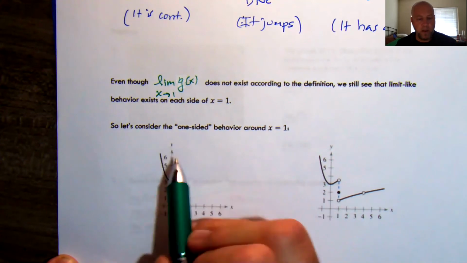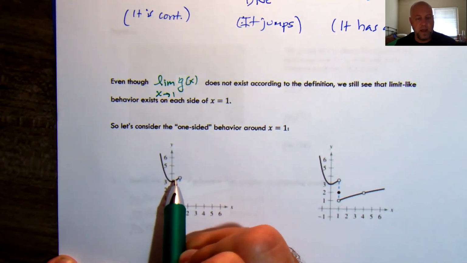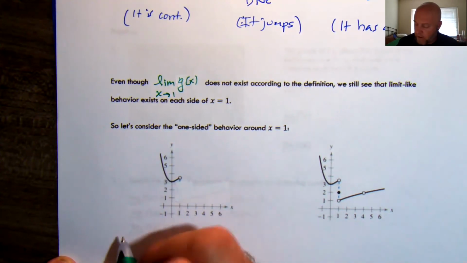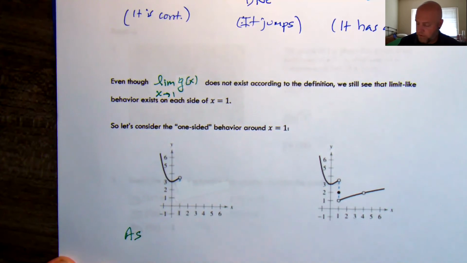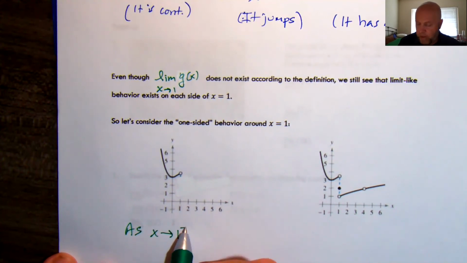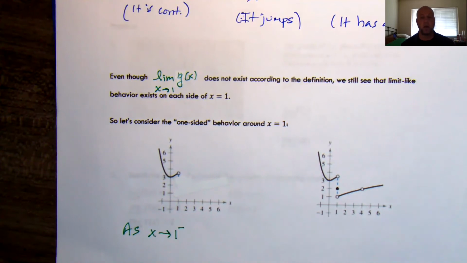And if this is all we were looking at, we would be looking at the limit as x approaches on the left side of 1 as approaching maybe 3.5. And this is the notation that we'll use for that. As x approaches 1, we want a way to say from the left, and we will put a little superscript up here as a minus sign to indicate we're approaching from the left.